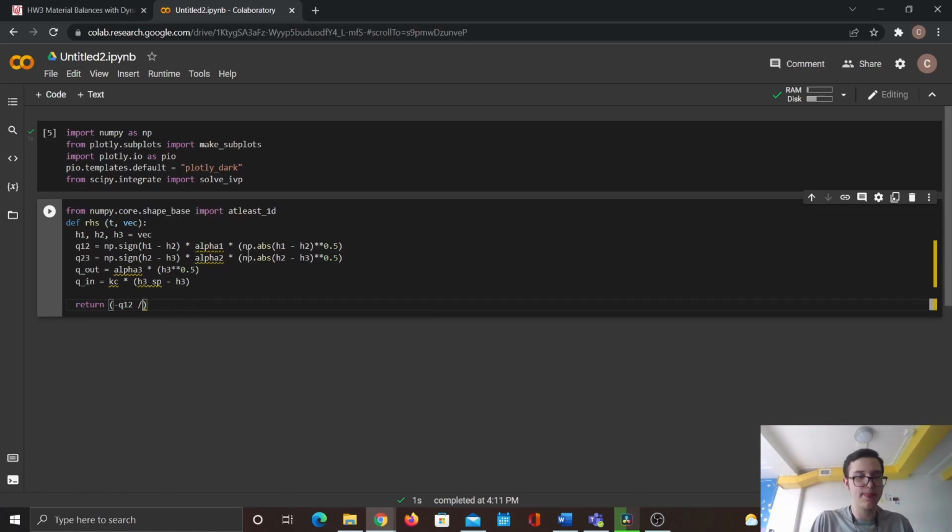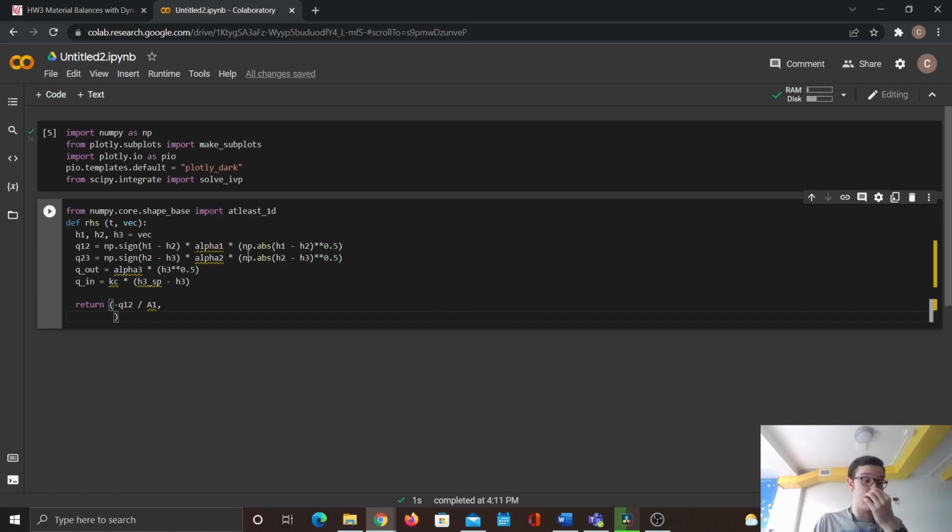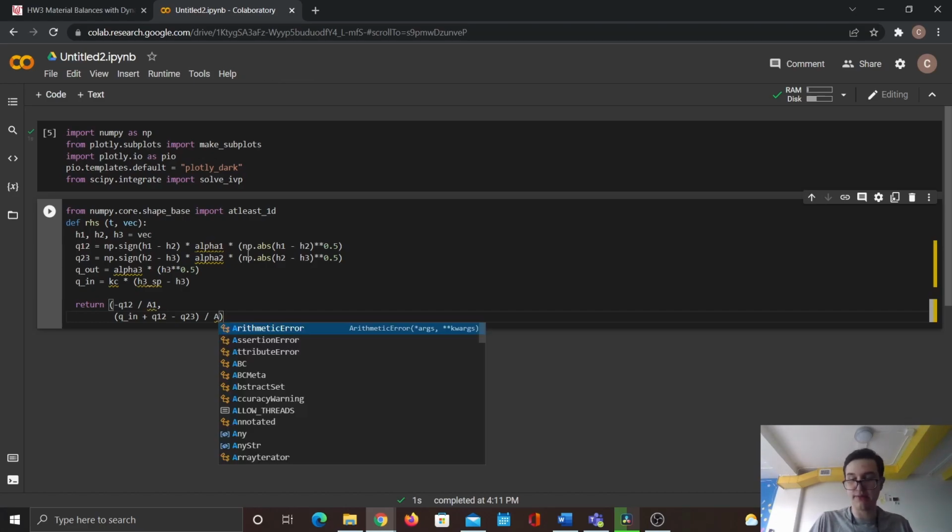A1. Enter, so it's more easily separated. And then dH2 over dt is equal to Q in, the flow rate in, plus the flow rate from 1 to 2, minus the flow rate from 2 to 3, divided by the area of tank 2.